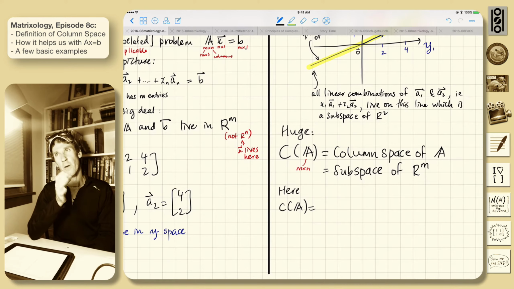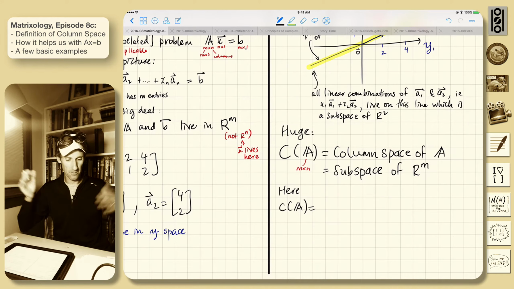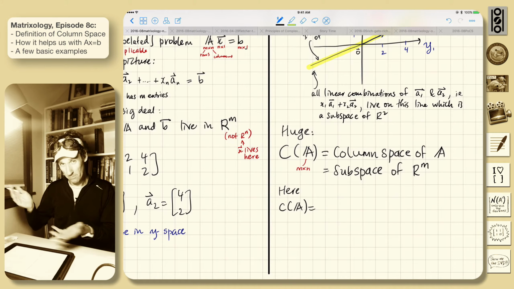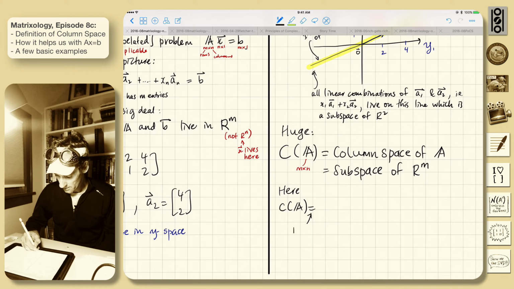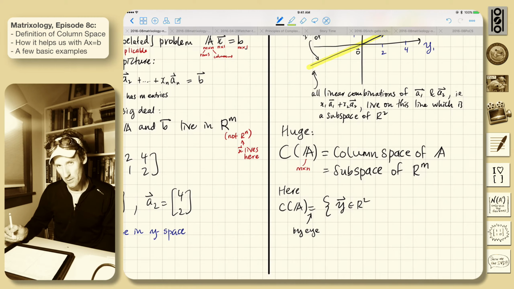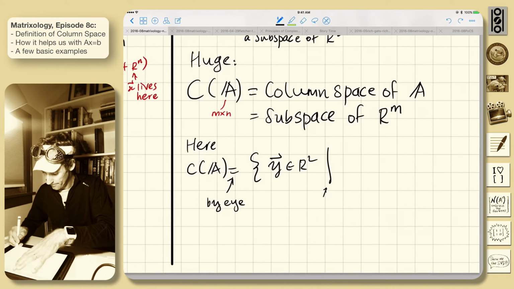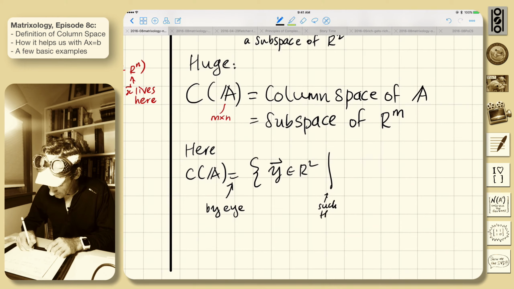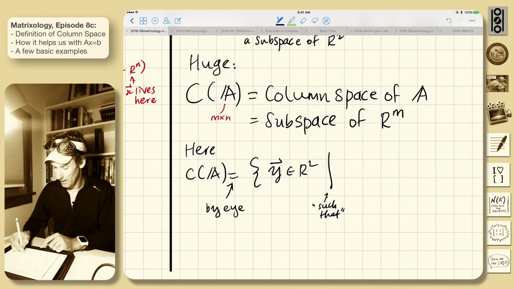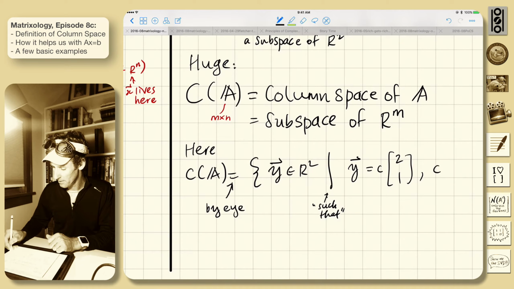Hopefully you can see this, but given an A of whatever size, we have to figure out how we find this column space. Here we can see it. This is just the set of all y that live in R2 such that y equals some constant c times (2, 1), and c is an element of the real numbers.